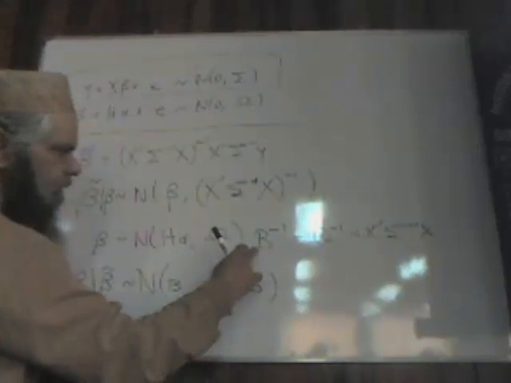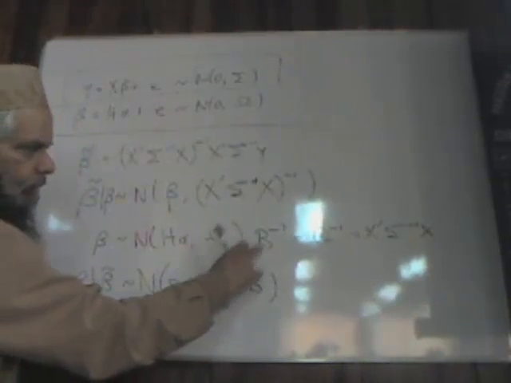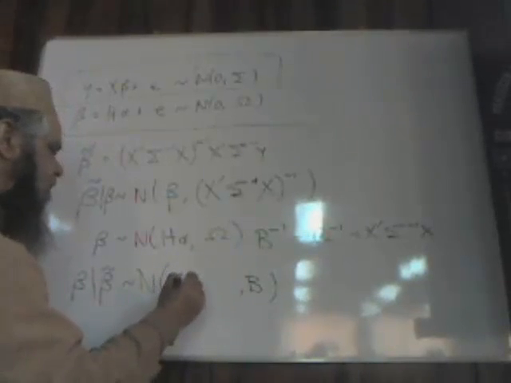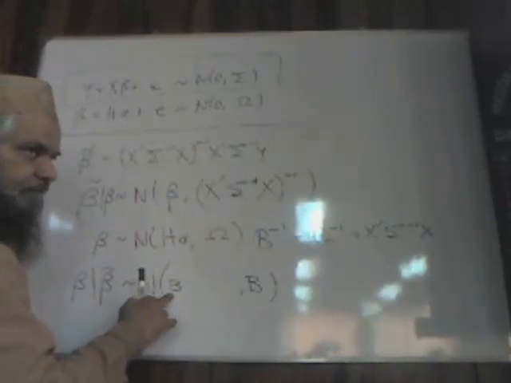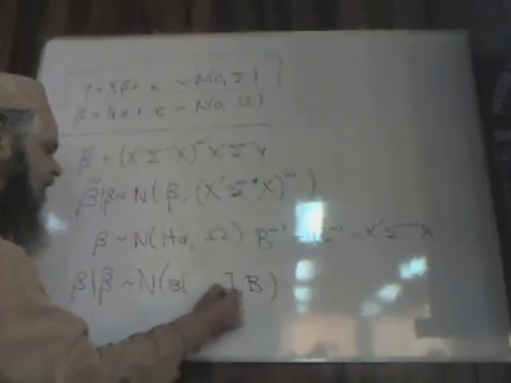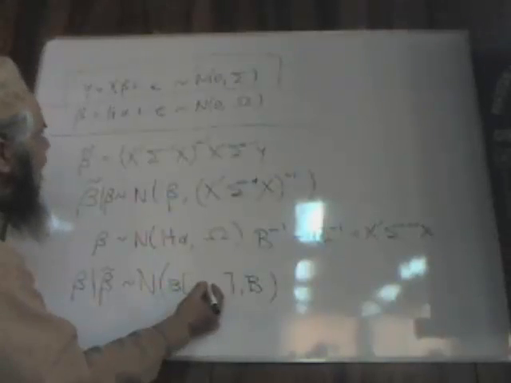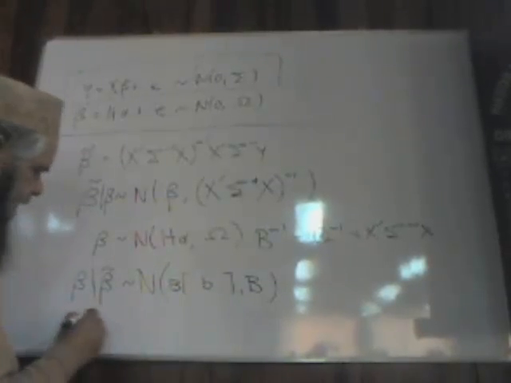This is precision plus precision equals precision. So this is the inverse of the precision matrix, and that has to be multiplied by the precision weighted average of the data mean and the prior mean. I'll just call it B and give the formula for it separately.